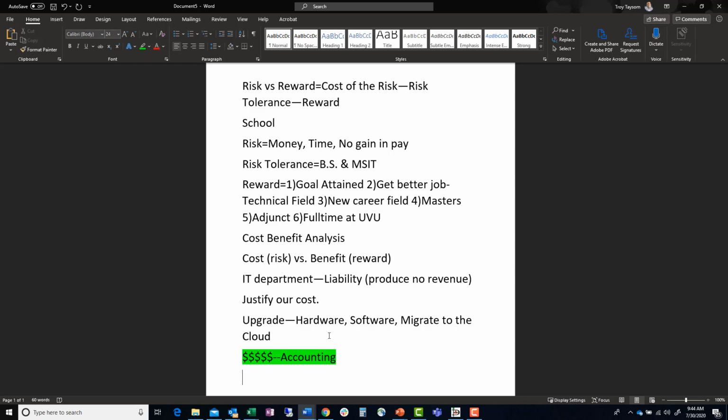So, part of speaking their language is understanding the keywords that they're looking for. All right? They want to know, how is this going to benefit the company? And when I say benefit the company, what I'm really saying is make us more money.